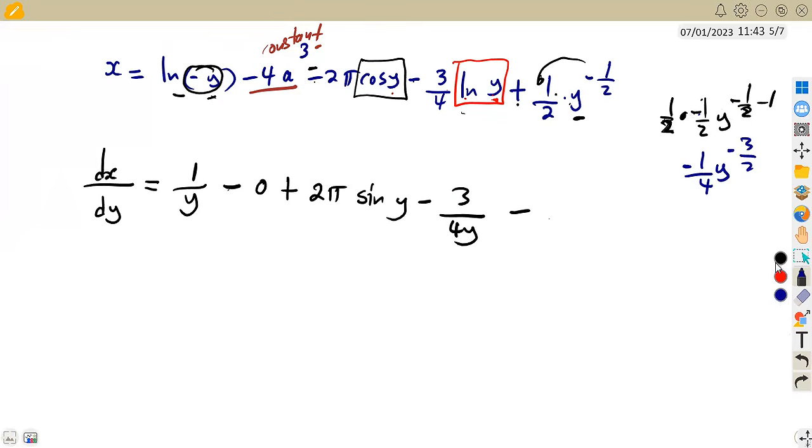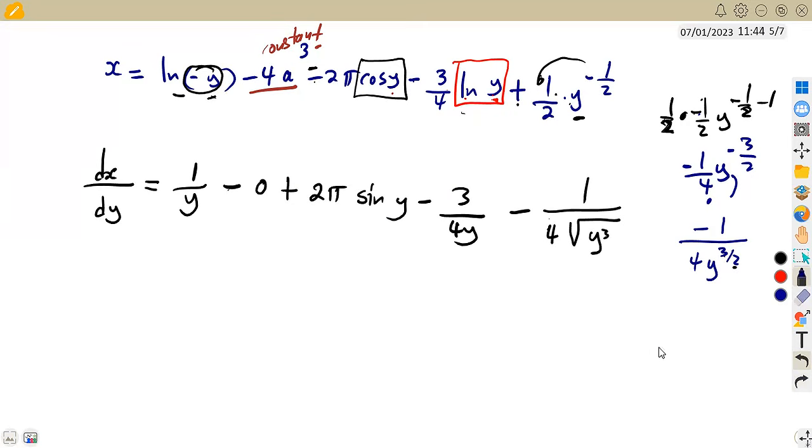But from our laws of exponents, we understand that y cannot be written with a negative exponent. We can write this as negative 1 over 4 that is already in the denominator. So we are going to take y to the exponent, which is in the denominator. So that's y to the exponent of 3 over 2 in this case. 3 over 2 simply means the square root of, like this, 1 over 4, the square root of y to the exponent of 3.